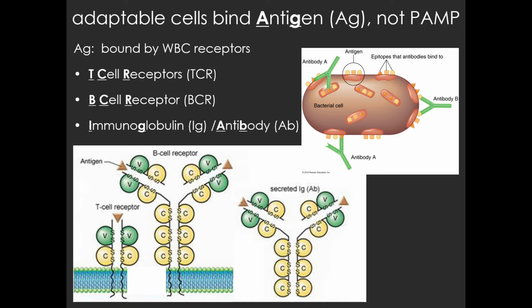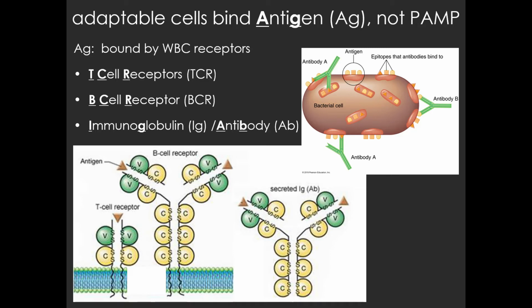Or B cell receptors. So you see the triangle is bound by one kind of antibody, the rounded is bound by another, and then the square antigen is not even being bound at all. So those are antigens. Antigens are specific molecules on the surface of a given pathogen, not a general surface protein found on lots of different kinds of pathogens.